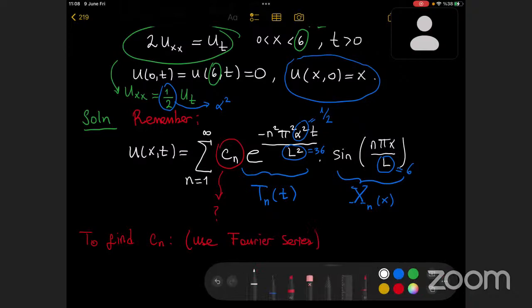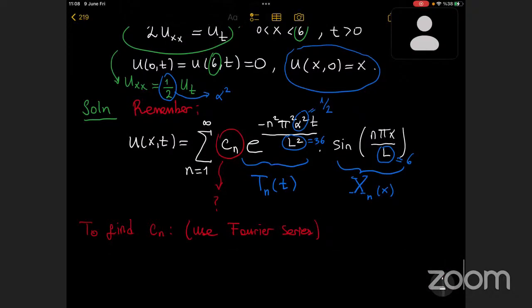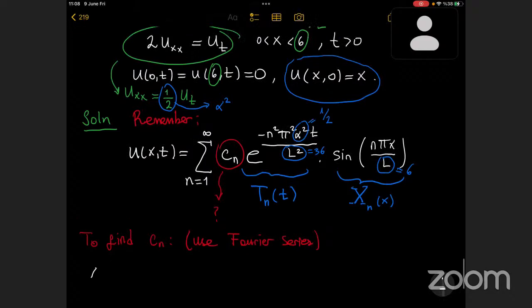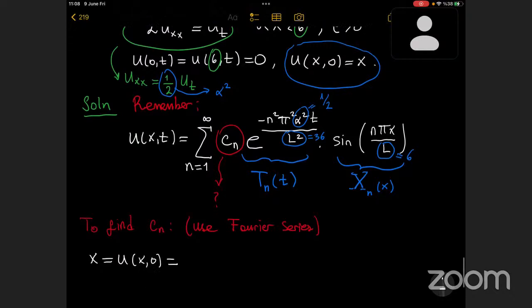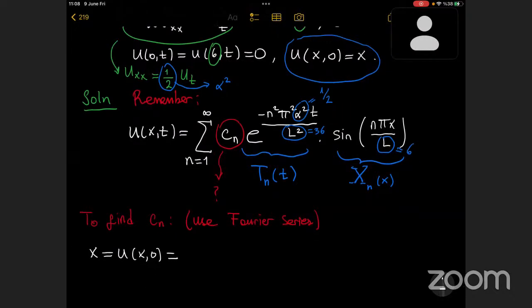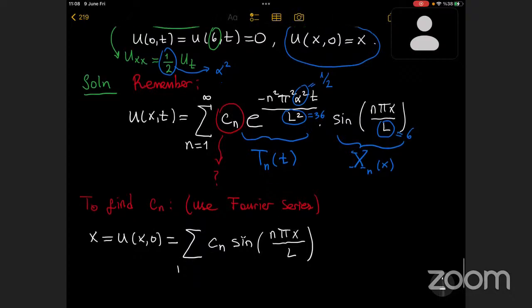Well, basically, when you plug t is equal to 0, we have x, right? x is equal to u(x,0). What is u(x,0)? When t is equal to 0, it's basically Cn, e to the 0 is 1, so sine n pi x over L. Okay. Here, n is from 1 to infinity.